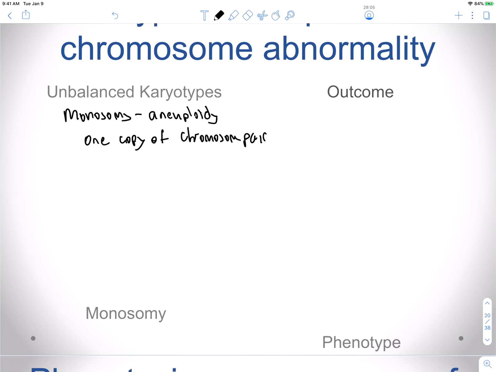It can be a partial monosomy, and this just means that you didn't lose the whole chromosome, you just lost part of the chromosome. And they are, again, going to be very deleterious. And so typically complete monosomies where you lose a full chromosome are not viable.